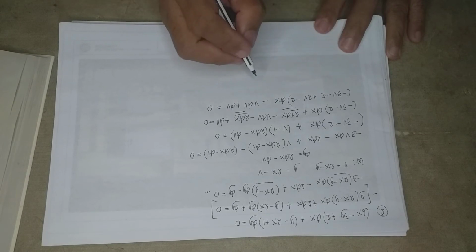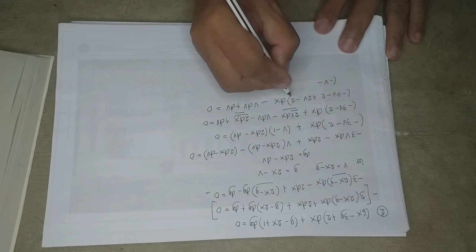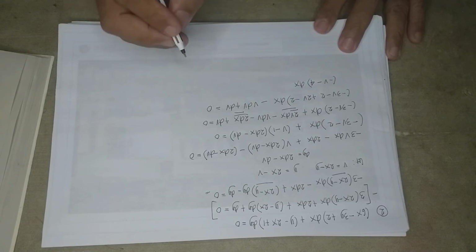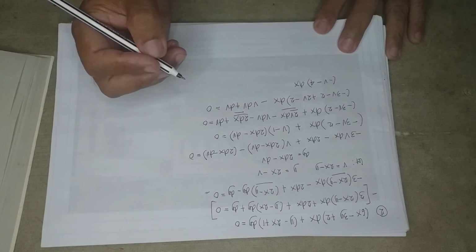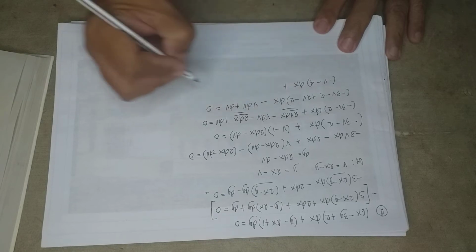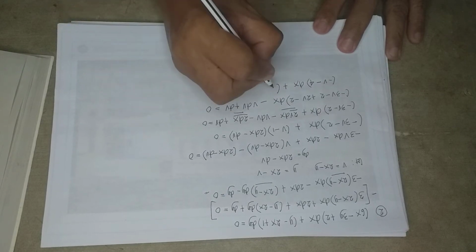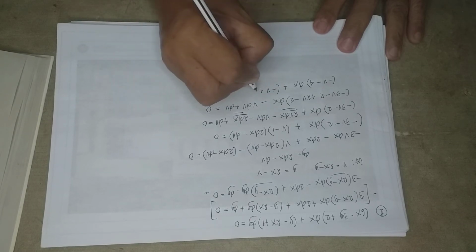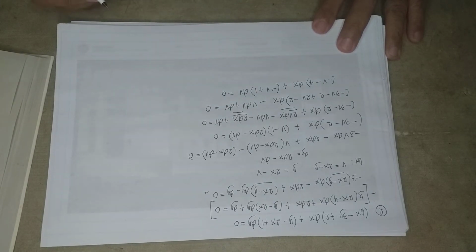Simplifying this, we have negative v minus 4 dx plus negative v plus 1 dv is equal to 0.